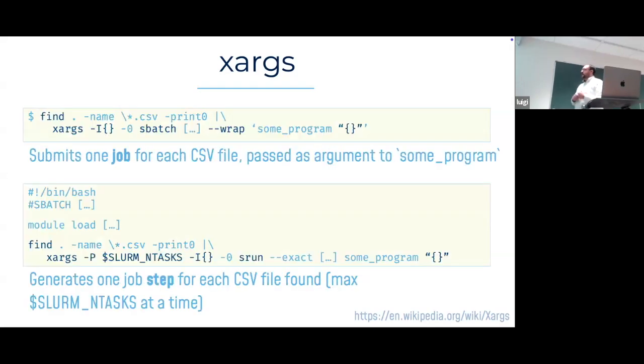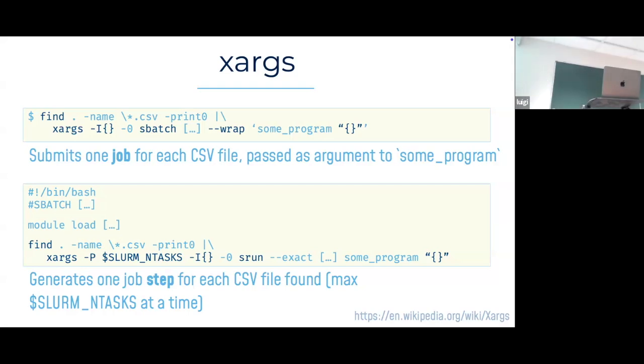For instance, here the find command is looking for files in the directory. The dot here means the current directory, and I'm looking for files whose name ends with .csv. The find will list all the files in all the directories that end with .csv.